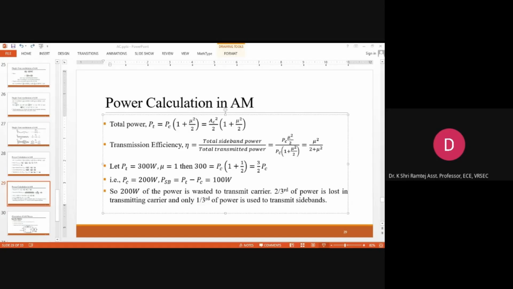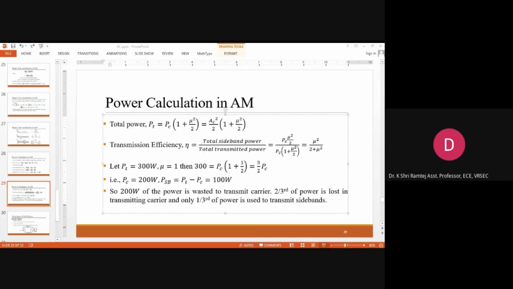From this, the power of carrier will become 200 watts. And the power required to transmit the sidebands will be the total power minus carrier power, which will be 100 watts. So out of 300 watts, 200 watts of power is required to transmit the carrier, and only 100 watts is being used to transmit the sidebands.